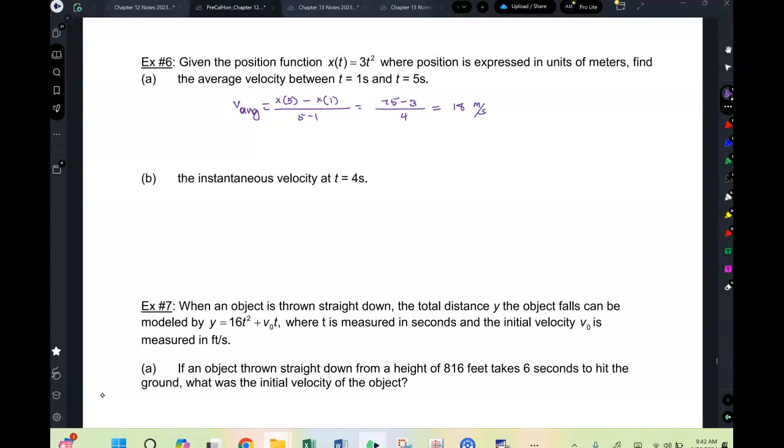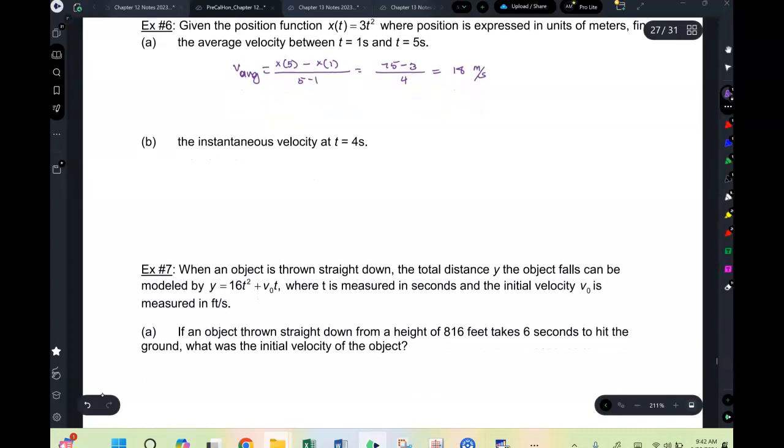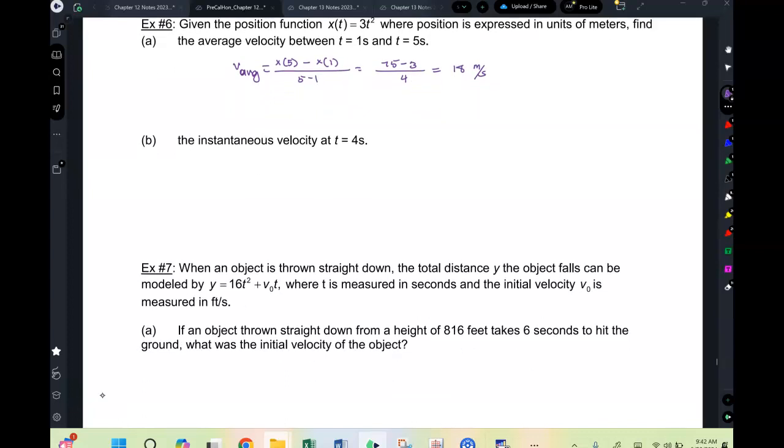Oh, so here, we have to find the instantaneous velocity at 4. Remember, last time I showed you two ways of doing this, method 1 and method 2. I'm going to do this using method 2 today, just to give you a little more practice with it. So now we want to find v of 4, the velocity at t equals 4. This is going to be the limit as h approaches 0.